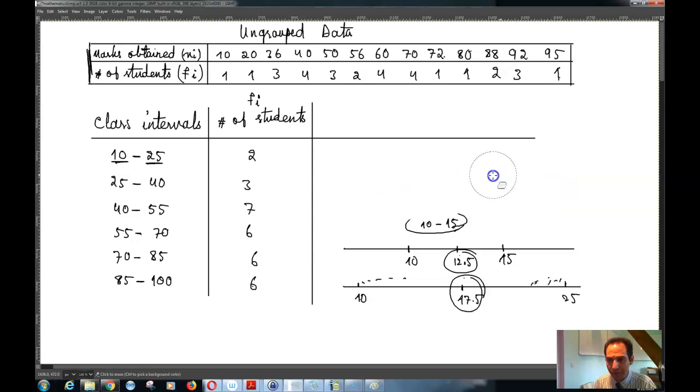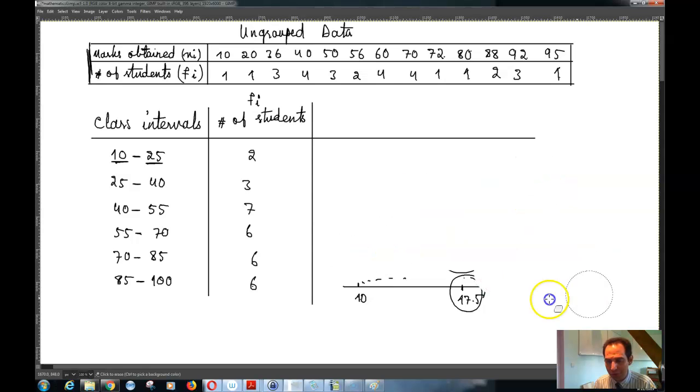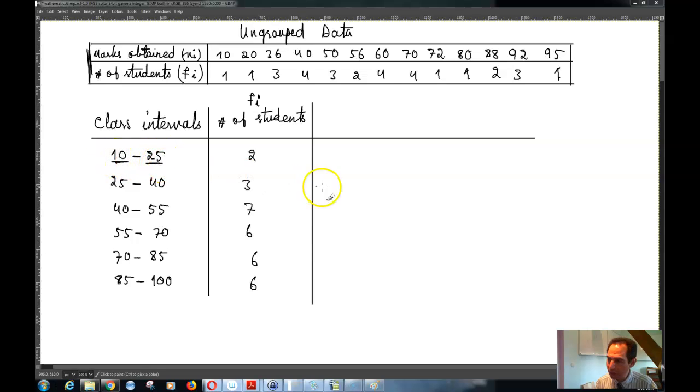Now what you need to do is take the average of the lower limit and the upper limit of each of those class intervals and call it the class mark.